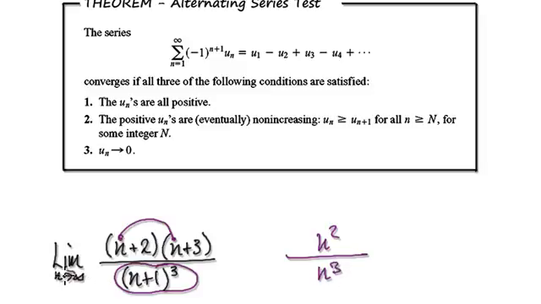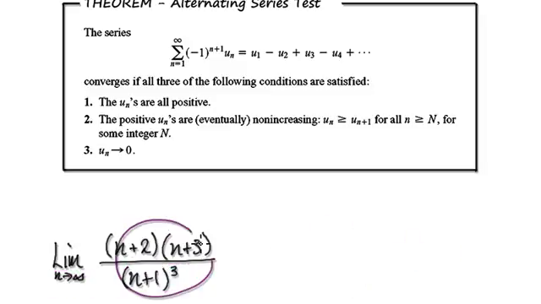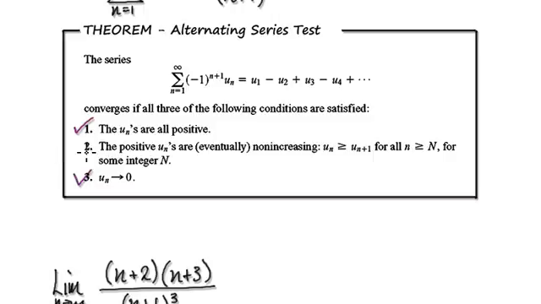So you can see that as n tends to infinity, the whole thing will tend to 0. So the limit of this whole thing equals 0 as n tends to infinity. So condition 3 has been satisfied. Earlier this has been satisfied, this has been satisfied. If all 3 conditions have been satisfied, then we can conclude that the series will converge.